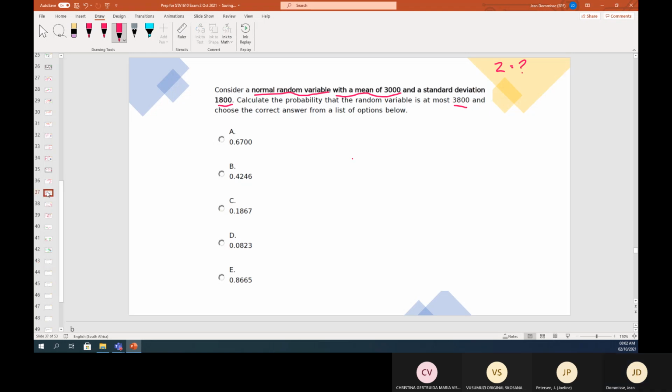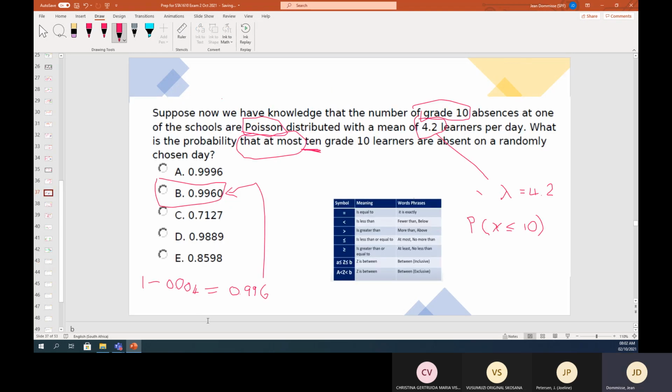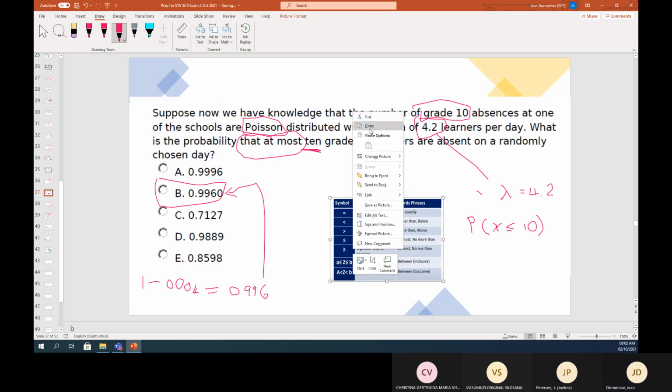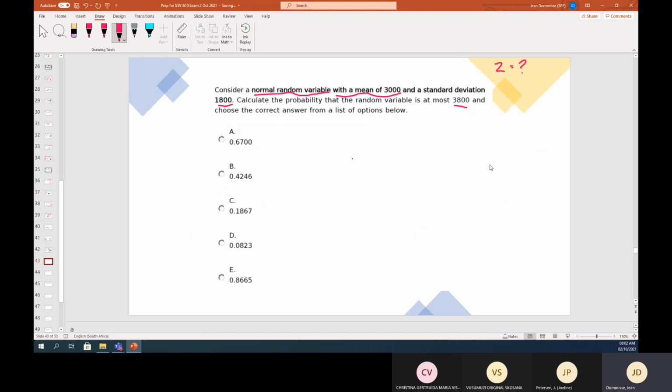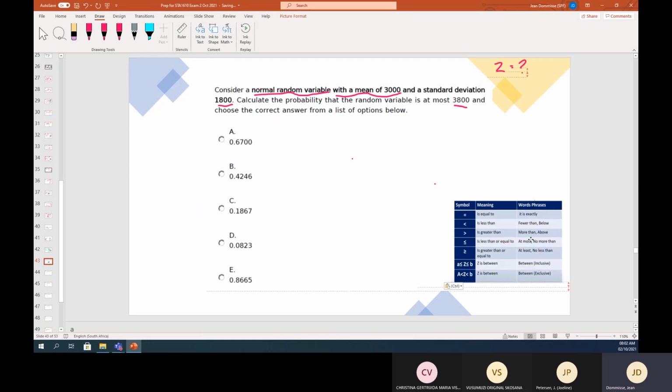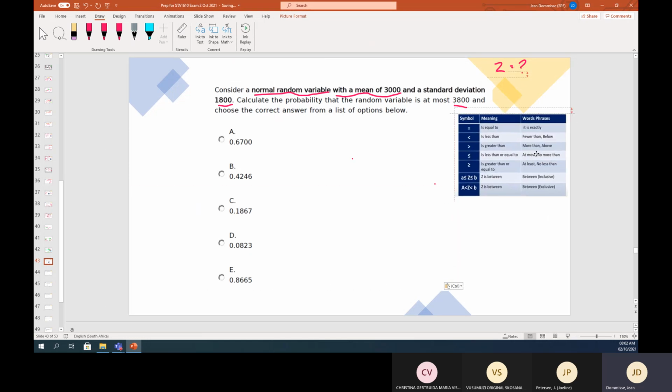Let me do this again so that we can see what the "at most" also means.